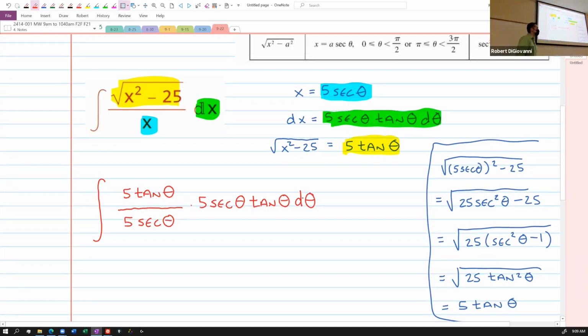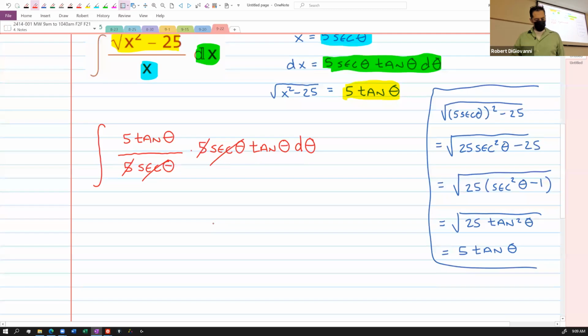Yes? So 5s cancel, secants cancel. So what are we left with here? 5 tan squared theta d theta. And I can pull the 5 out, right? All right, so I'll go ahead and pull the 5 out.